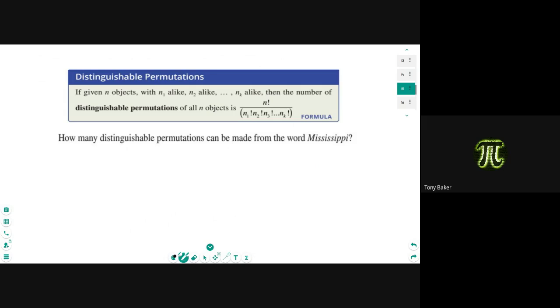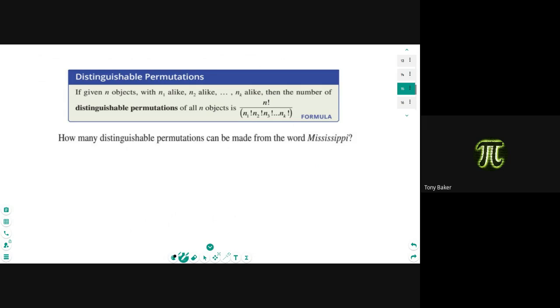If I wanted to figure out how many different ways I can organize the letters in Mississippi, for example, is every letter independent of each other? Is every letter different? No. So if I took 2 S's and swapped them, it doesn't make a difference, right? So that's where the distinguishable permutations come in.